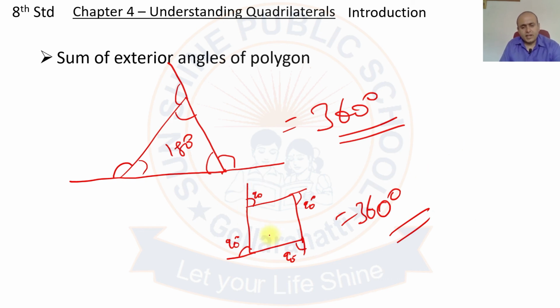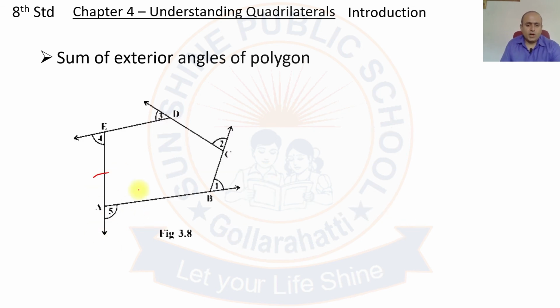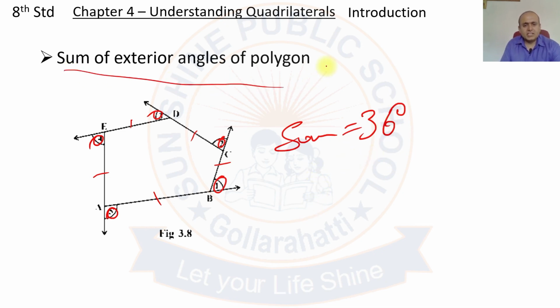Therefore, not only for a square, you can take any polygon. For example, here I have taken a 5-sided figure, that is 1, 2, 3, 4, 5. And the sum of all exterior angles, that is angle 1, angle 2, angle 3, angle 4 and angle 5, if you add, the sum will be equal to 360 degrees. This is called the sum of exterior angles of a polygon.